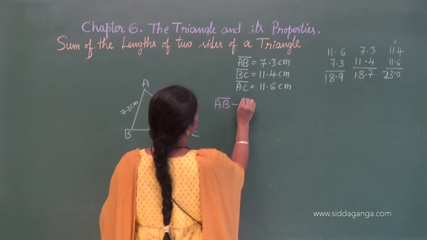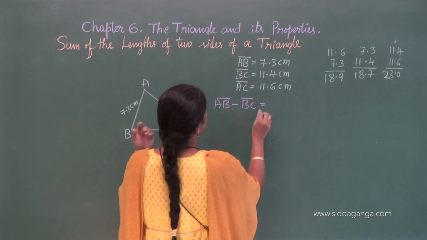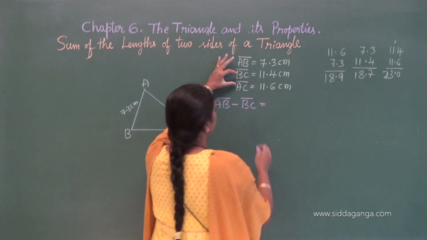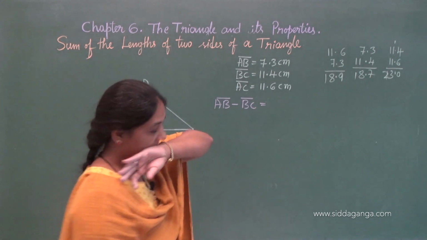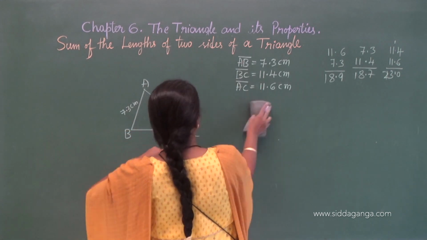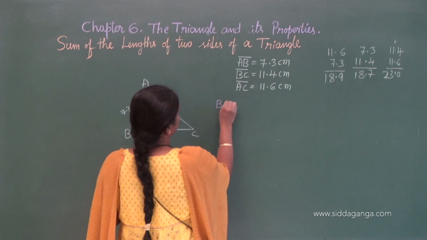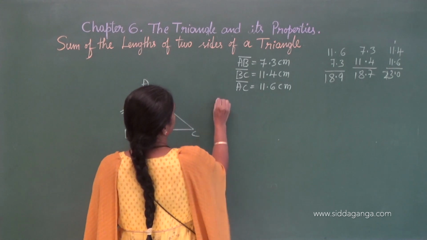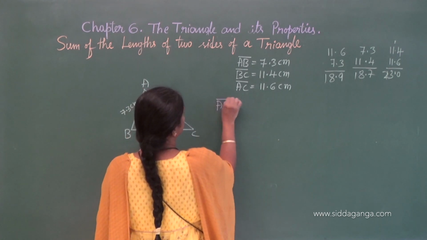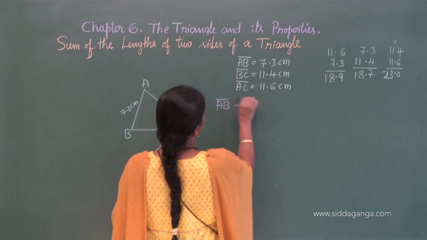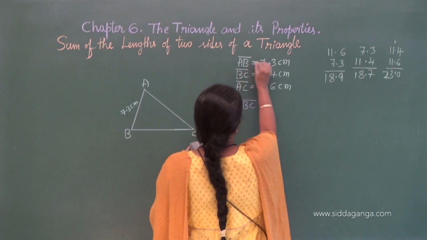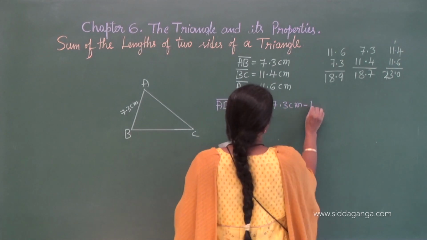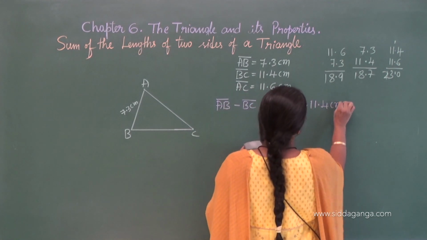Then AB minus BC. So AB minus BC means, we can consider here BC minus AB. This is greater here, no? Otherwise, by neglecting, we can take AB minus BC, that is equal to AB, which is 7.3 centimeter minus 11.4 centimeter.